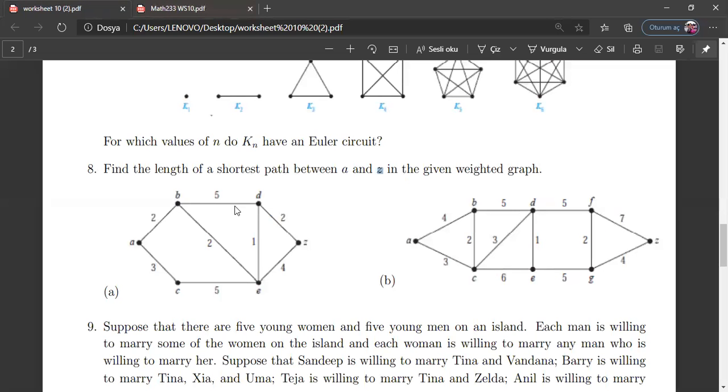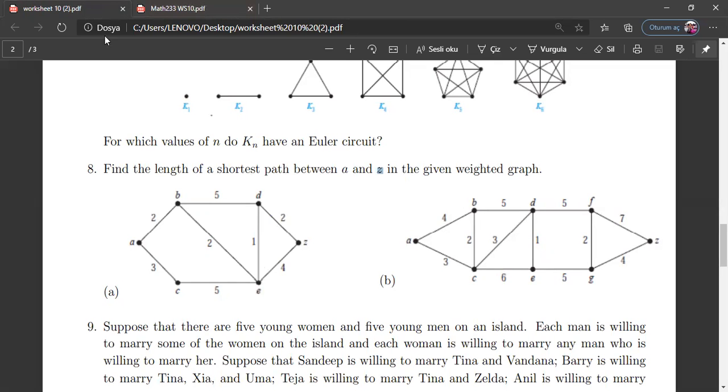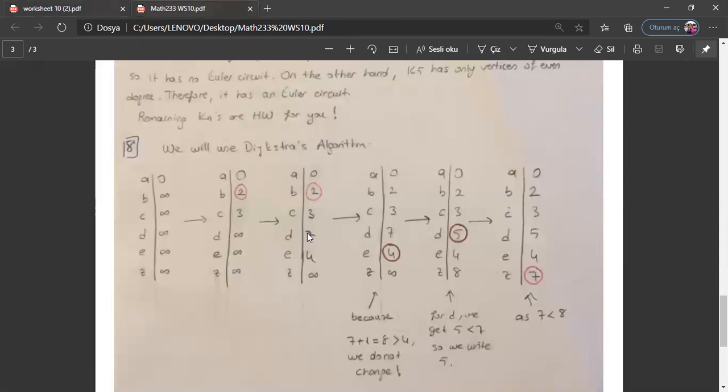For B, we have these two connected vertices, D and E. We know this weight is 5, and this one is 2, and we have 5 there between C and E. So here you see we have 7 and 4. Let's look again. We had 2 before, and from B we go to D, so we have 2 plus 5, which is 7.